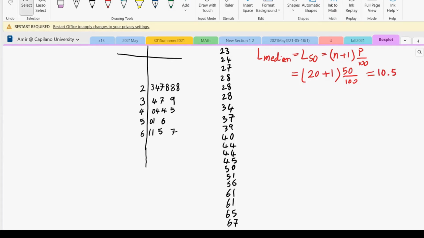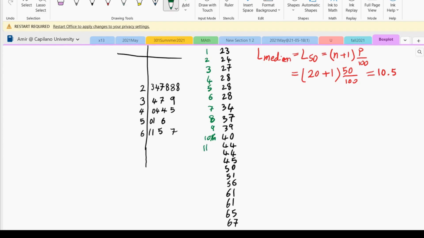Okay, so now let's find the 10th observation. This is the first observation, second, third, fourth, fifth, sixth, seventh, eighth, ninth. This is my 10th observation. But the 10th observation itself is not the median. We have to go halfway between the 10th and 11th observation.